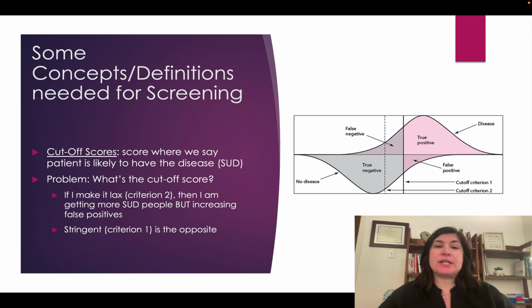If we decide to go with criterion 2 cutoff, which is the dotted line, what we're risking is that we may get more people who do have a substance use disorder, but we're also increasing the possibility of false positives where they're coming up on the substance use test saying they might have a substance use disorder, but they actually don't. If we go with a more stringent cutoff score, or what we see in criterion 1, you can see that yes, we're going to get less false negatives, but we're also going to get less people that actually identify with a substance use disorder. So we're kind of missing the wider net there.